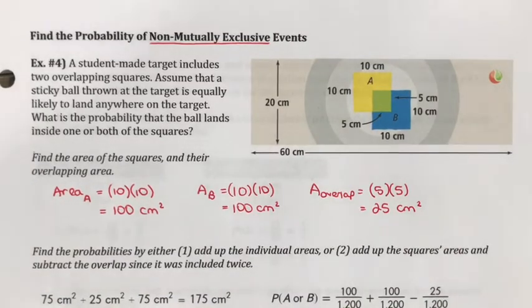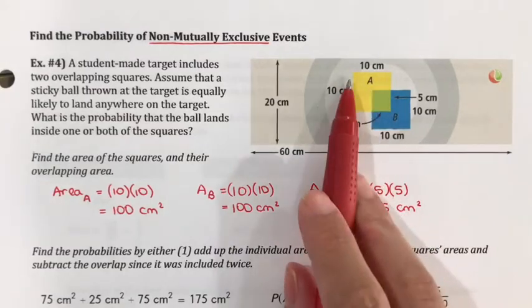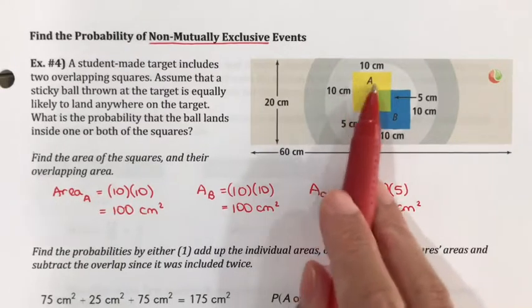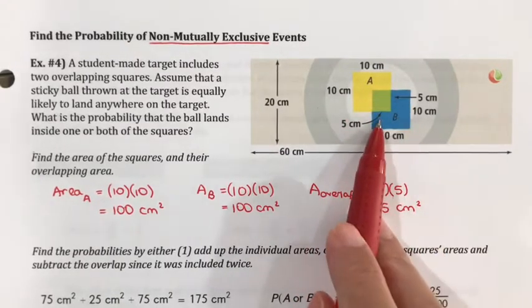Okay. Now there are two different ways that we could find the probability. So again, we want to land in either this yellow region, okay, maybe you didn't print it yellow, but this area over here, the overlapping region, or over here.